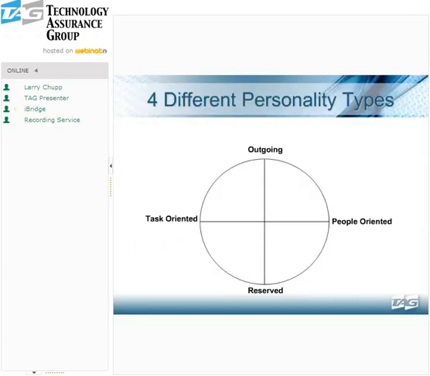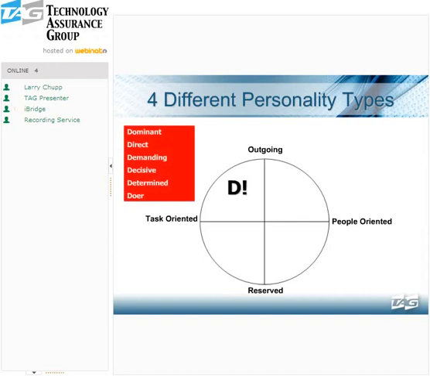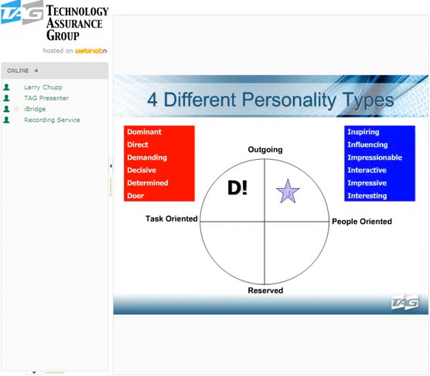What do the four types mean? Now, we went over this in Orlando. D is the dominant. A real high D is just, give me the bottom line. We talked about that pretty extensively. The I is the influencer, one of the people-oriented personality types.